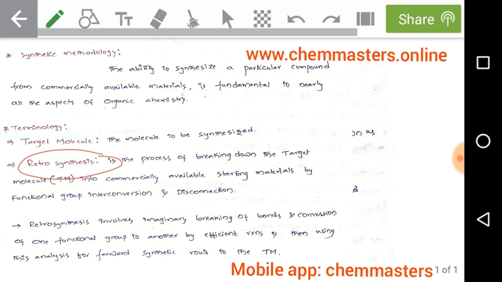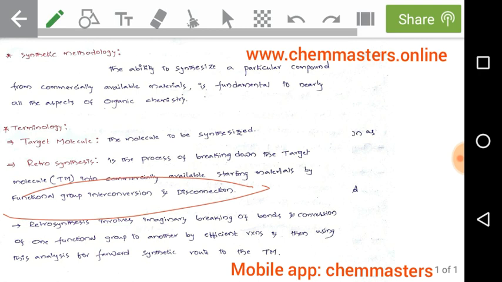Retrosynthesis is the process of breaking down the target molecule into commercially available starting materials by functional group interconversion and through disconnection. So it is simply considered as retrosynthesis: the breakdown of the target molecule into commercially available starting materials by functional group interconversions and disconnection.